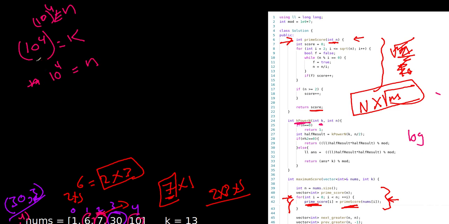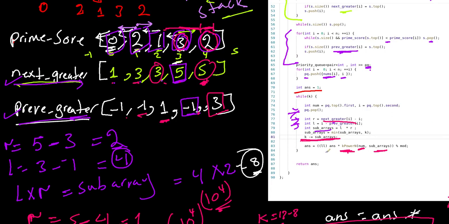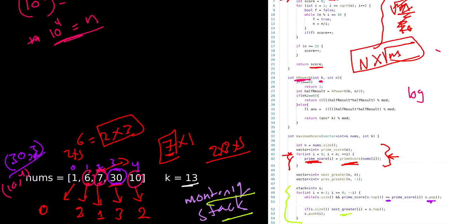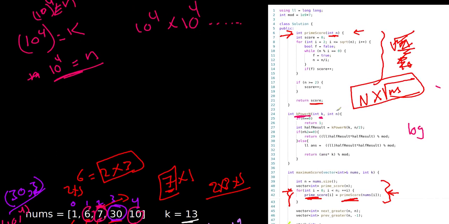Now we cannot iterate over all these values and multiply 10 by 10 by 10 and so on, because this will give a problem for time complexity, because we are doing this with every number. And so here we are splitting the value. We are saying 10 to the power 4 equals 10 to the power of half of 4, squared.